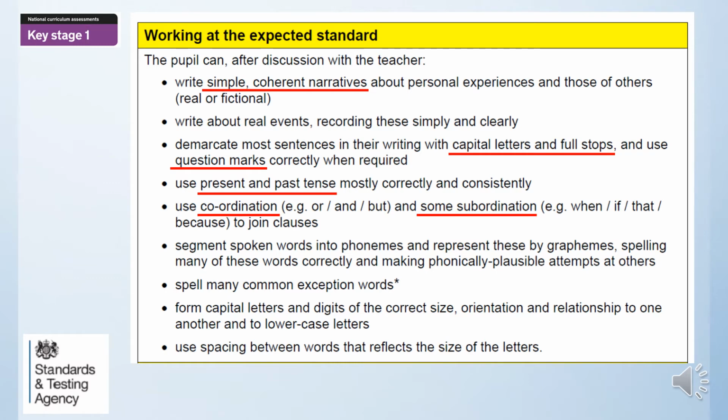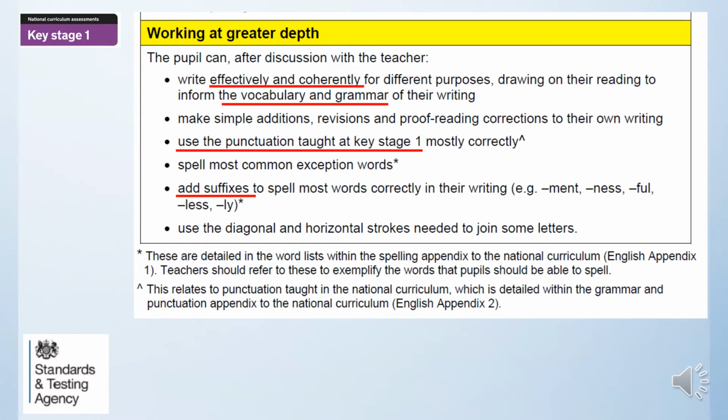A few children at the end of Key Stage 1 will also be working at the greater depth standard. So in addition to the things listed for the expected standard, they're also able to write effectively or coherently for different purposes and use their reading to inform their vocabulary and grammar. They're able to use the punctuation taught at Key Stage 1 and add suffixes.